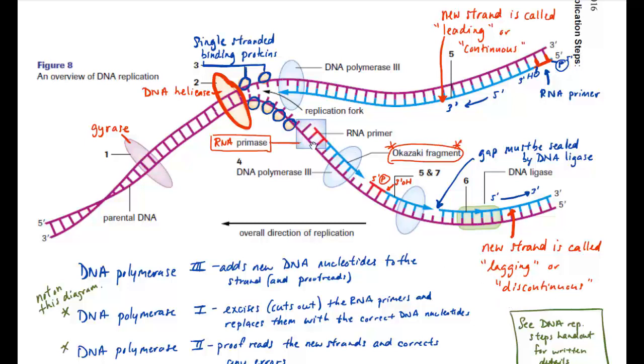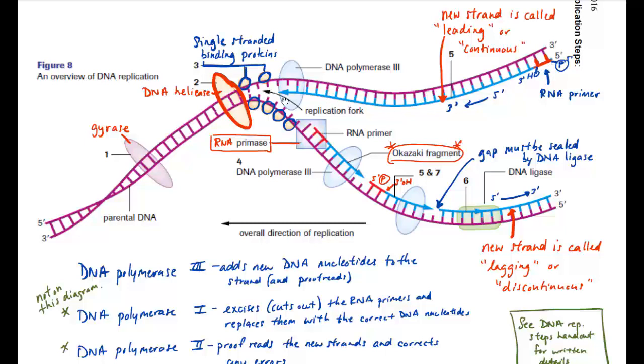Okay? That'll form short Okazaki fragments. You're going to need to have your DNA polymerase 1 come along and excise all the RNA primers at the front of the Okazaki fragments, and once on the leading strand, remove the RNA primer and then replace it with the proper DNA nucleotides.